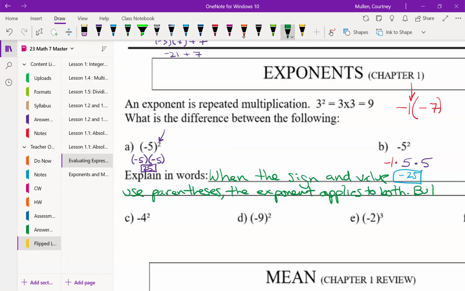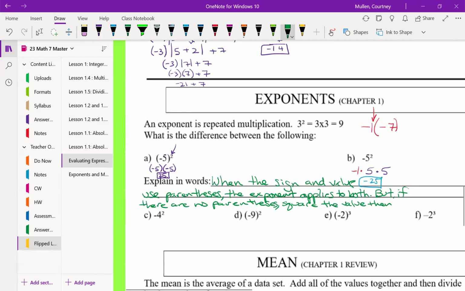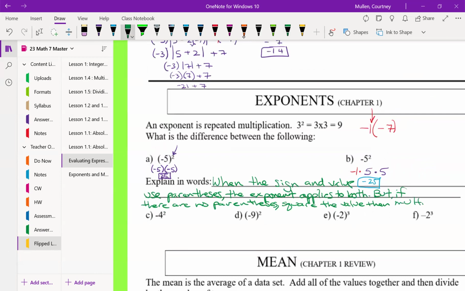But if there are no parentheses, square the value, then multiply by -1. So let's try 2 more examples, and then you'll try 2 on your own.